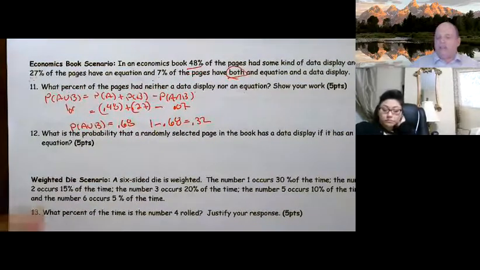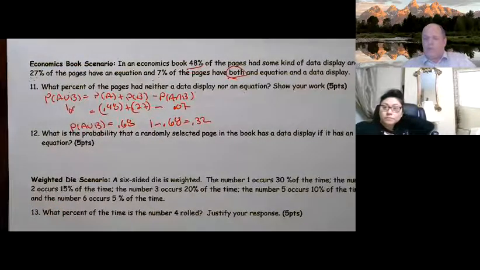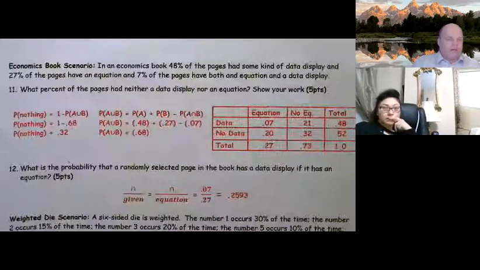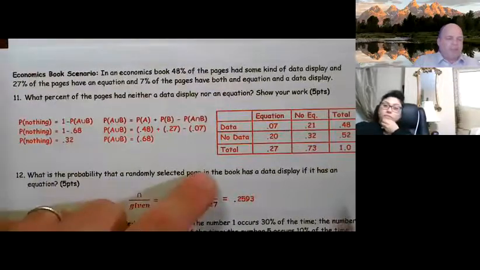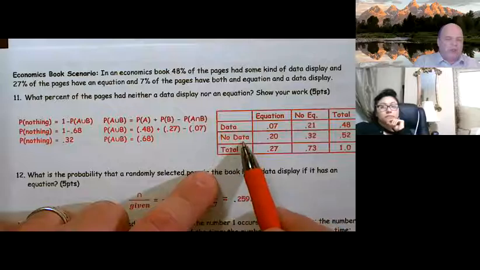Having said that, I've gotten a couple questions. Hey, could we have done a Venn diagram? Yes, you could have. I'm not going to do a Venn diagram because I don't draw them very well, but I'm going to show you the same thing with the table. I'm just going to put this on the screen because I've already done it. With the table, I have equation, no equation, data display, no data display.